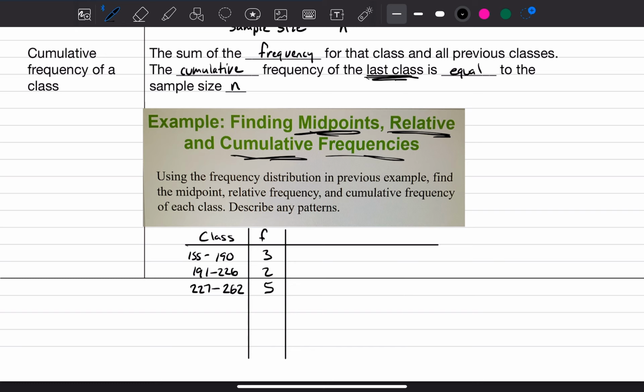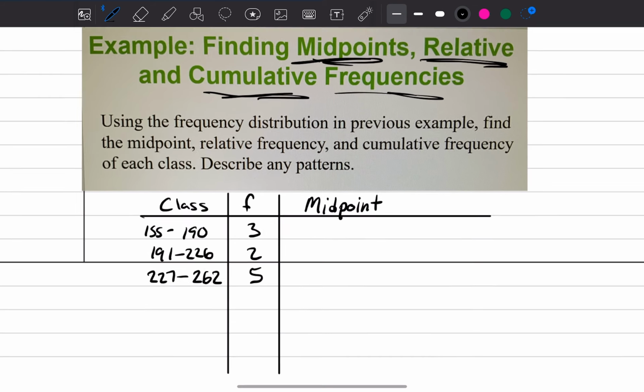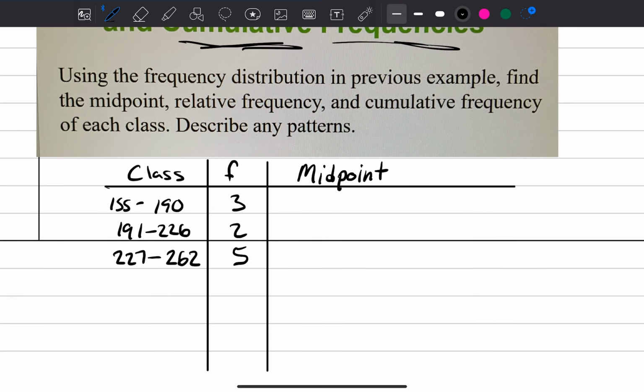The next thing we're going to add to our table is the midpoint. All right, now the midpoint for the first class, we already talked about how to do this, but I'll do it again. You're going to get your lower and upper limits, add them together, and divide by 2.